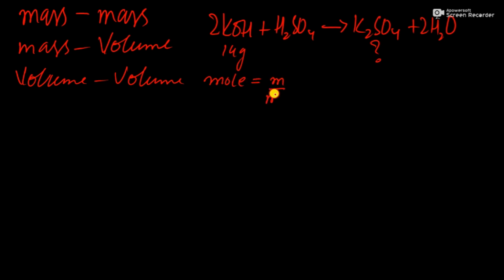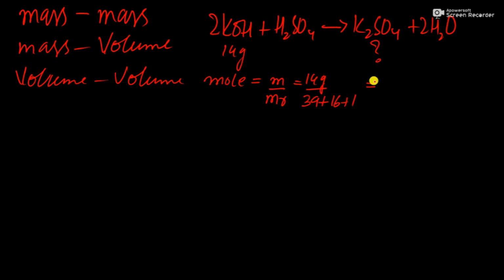K is 39, oxygen is 16, and hydrogen is 1, so it is 56. When we divide 14 by 56, it gives us 0.25.